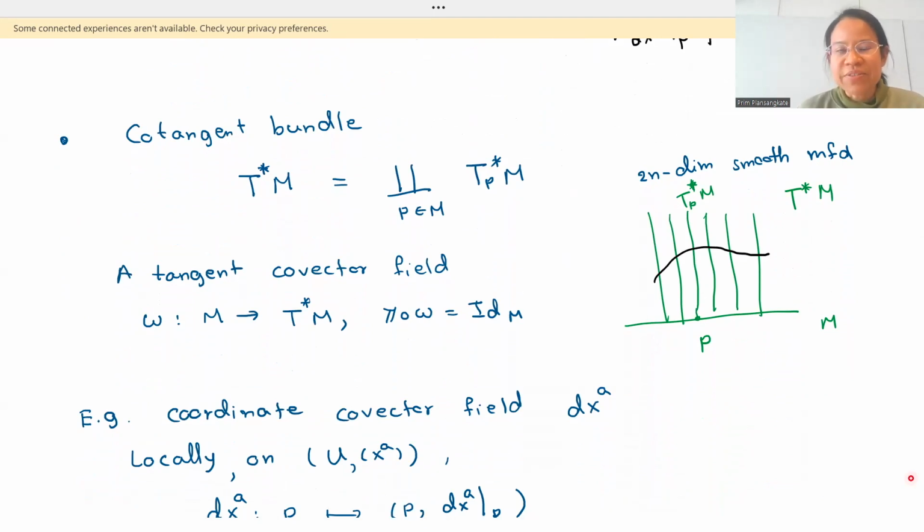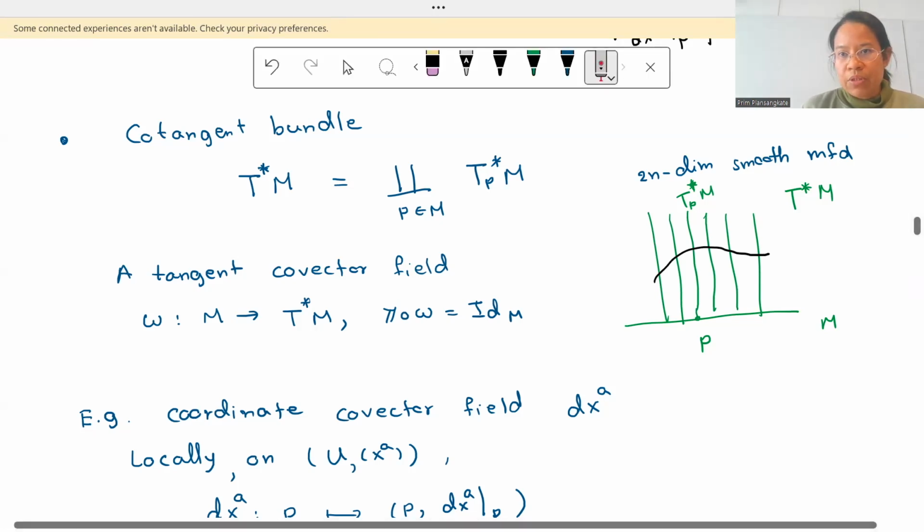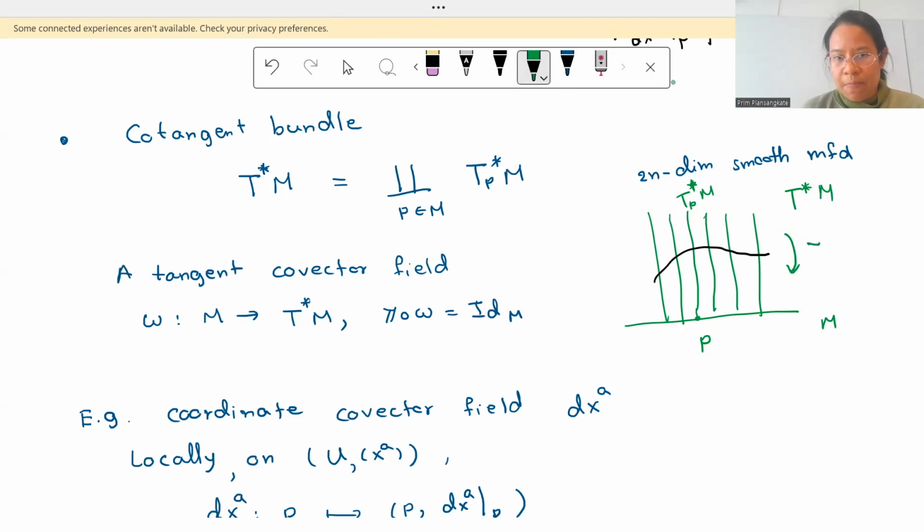A covector field is a rule that assigns to each point on the manifold a tangent covector, like this black line I draw here. A formal definition is that it is a smooth map from M to the cotangent bundle, such that when you compose it with the projection map pi, you get the identity.